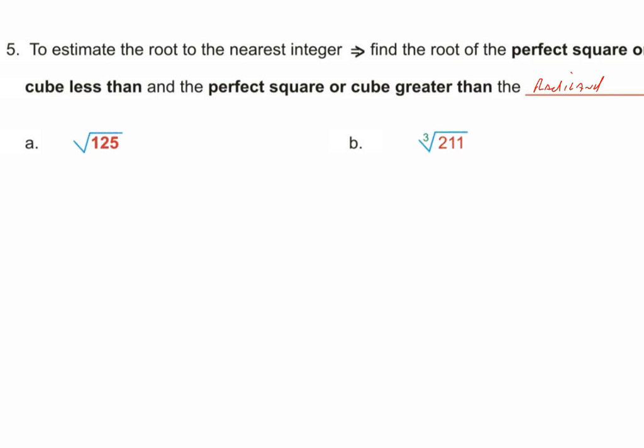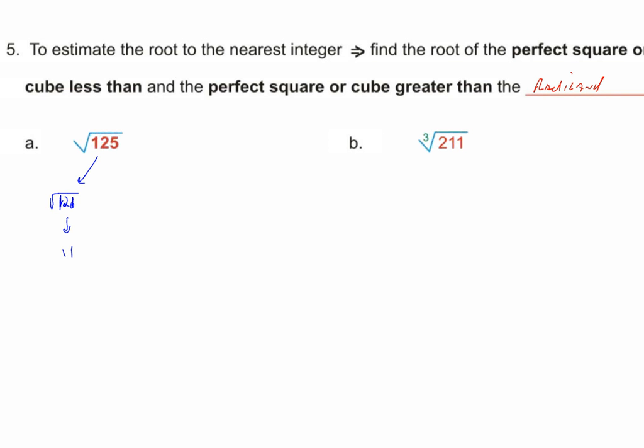So if they were to ask you, hey, what 2 integers is the square root of 125 between? I'm thinking, what's a perfect square less than 125? And I'm thinking 100, right? Oh, wait a minute. How about 121? Isn't 11 times 11 121? Right?